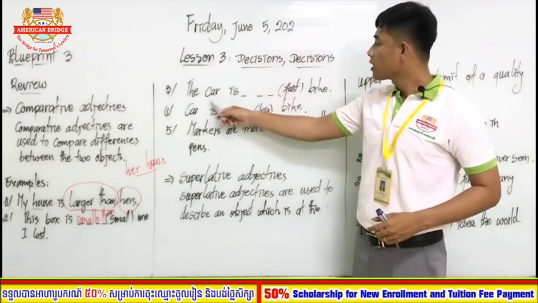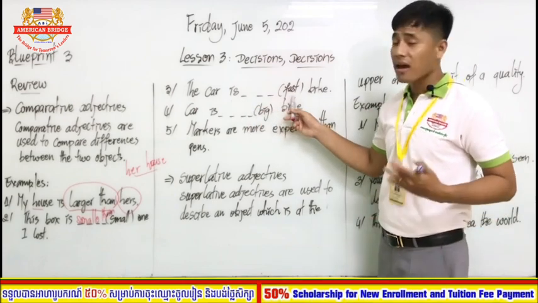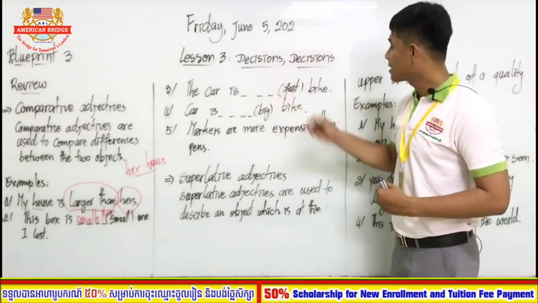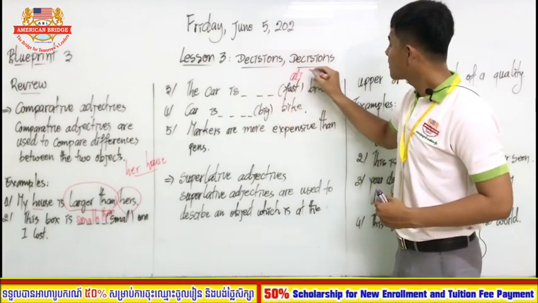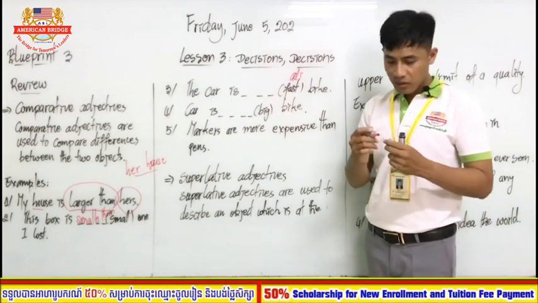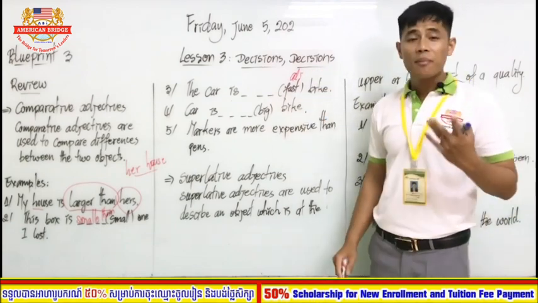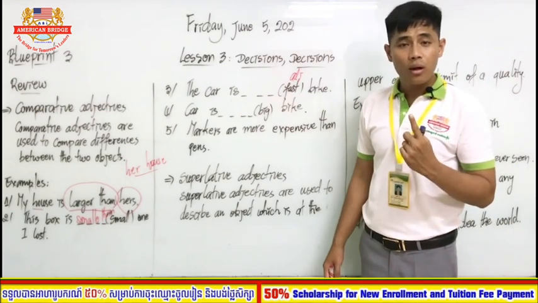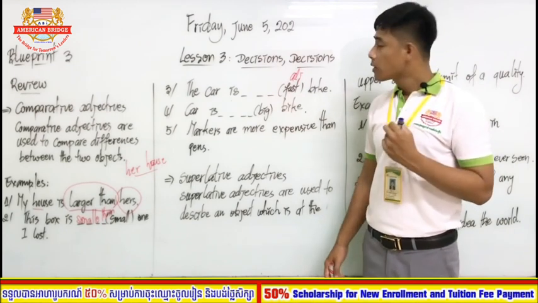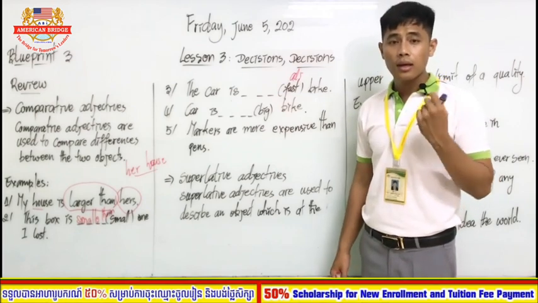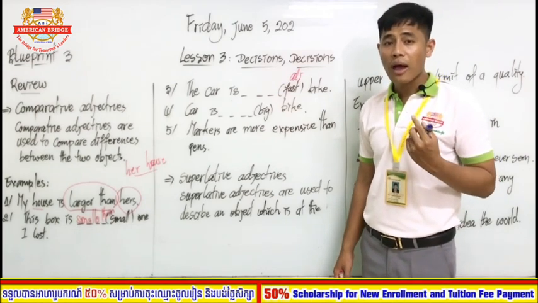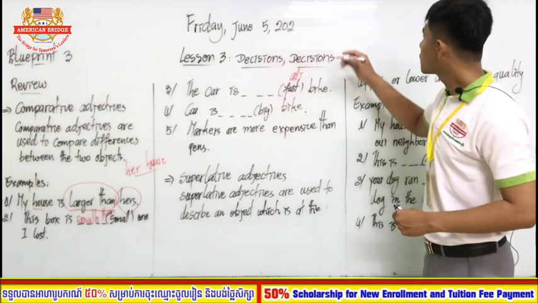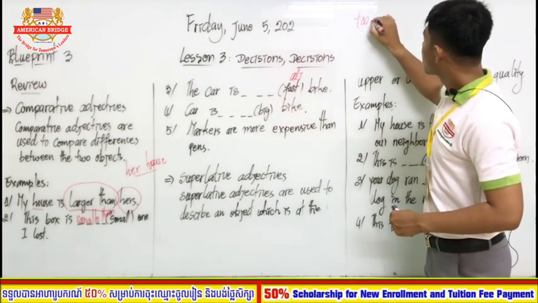Number 3. The car is faster than the bike. Fast is an adjective. How many syllables are there? There is one syllable only. So for one syllable we have to add er. How about two syllables, two sounds?